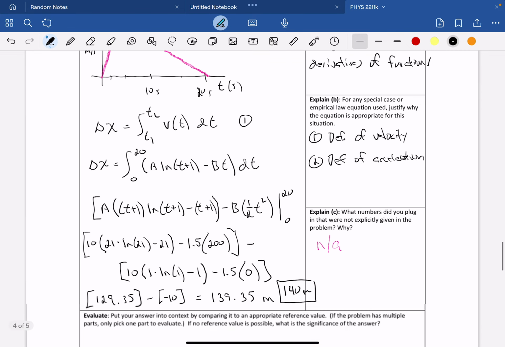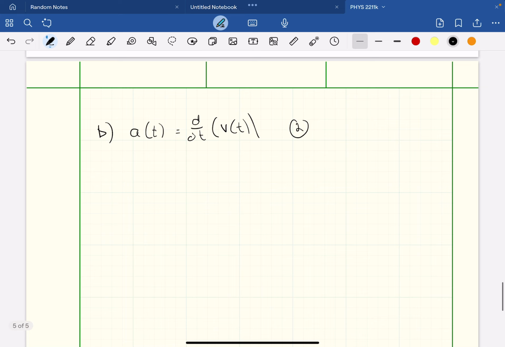So the first thing I need to do is take the derivative of the velocity function. So the acceleration as a function of time is going to equal the derivative of my velocity function, and my velocity function is a times the natural log of t plus 1 minus bt.